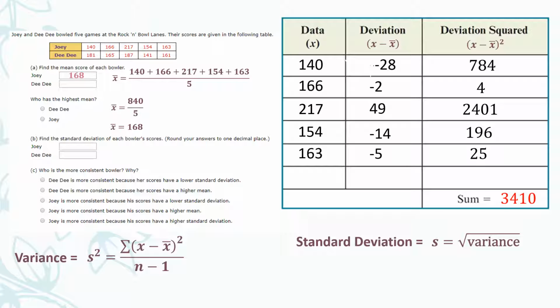So I went ahead and added those up. That gives me 3,410 when you add up all those squared deviations. Now try to remember where that goes.